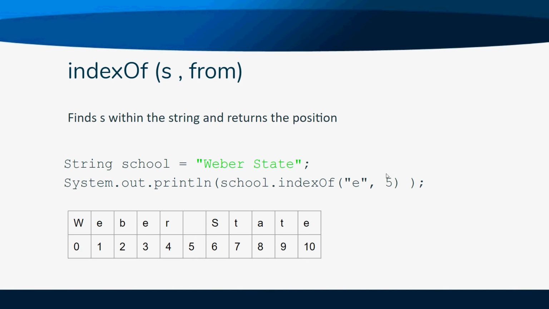So in this particular situation, it's going to skip this E, and this E, because it's not even going to start searching until it gets to position 5. So in this situation, it's going to give me back 10, meaning the very first E after character 5 is at 10.